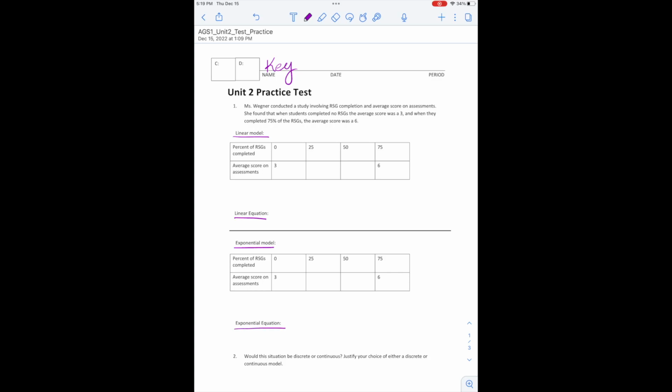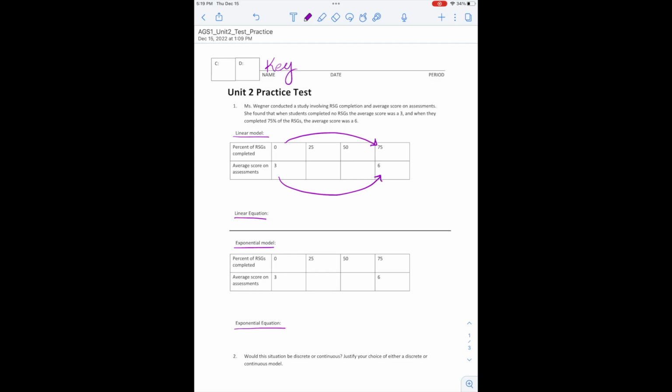The linear model suggests that we use a table. So let's take a look at this table here. We see that we have a percent of RSGs from 0 to 75, and an average score on assessments going from 3 to 6.